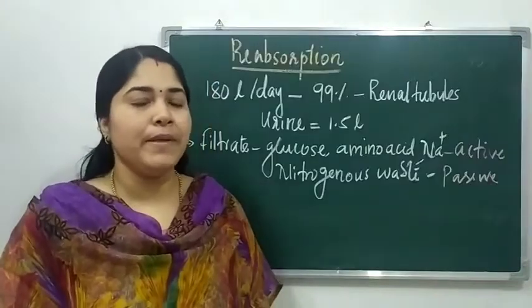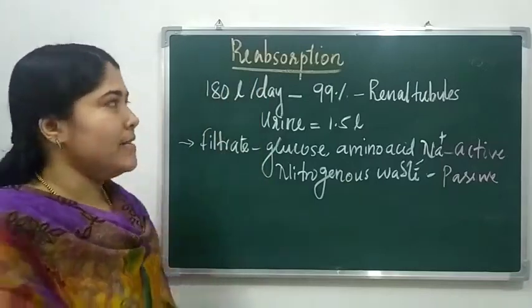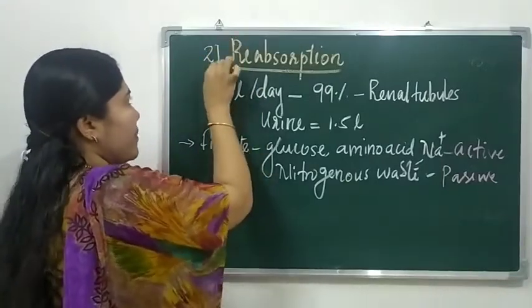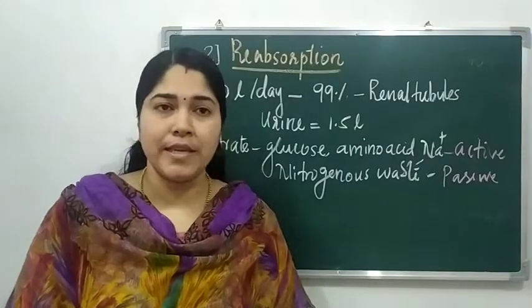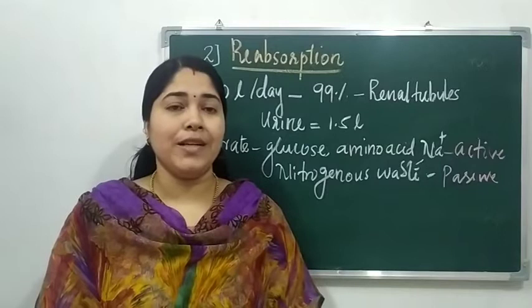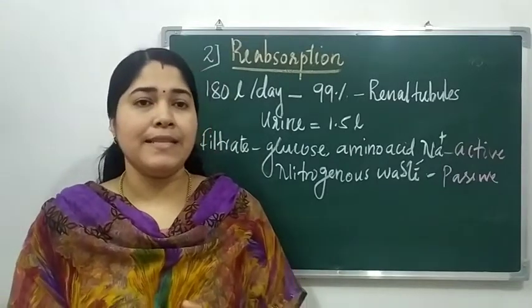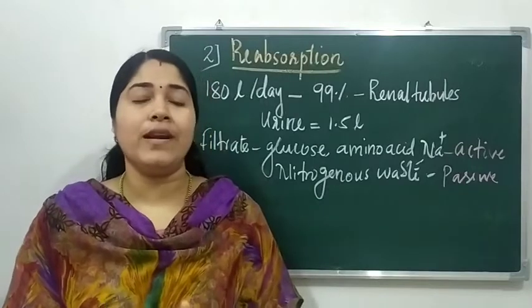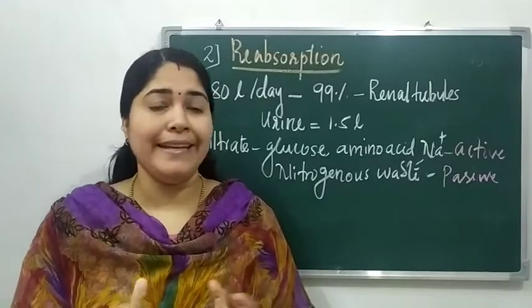The second step in urine formation is called reabsorption. As I told you, the GFR of a normal individual is about 125 ml per minute. That means 180 liters of filtrate is formed in a day. Imagine how much it is, 180 liters.